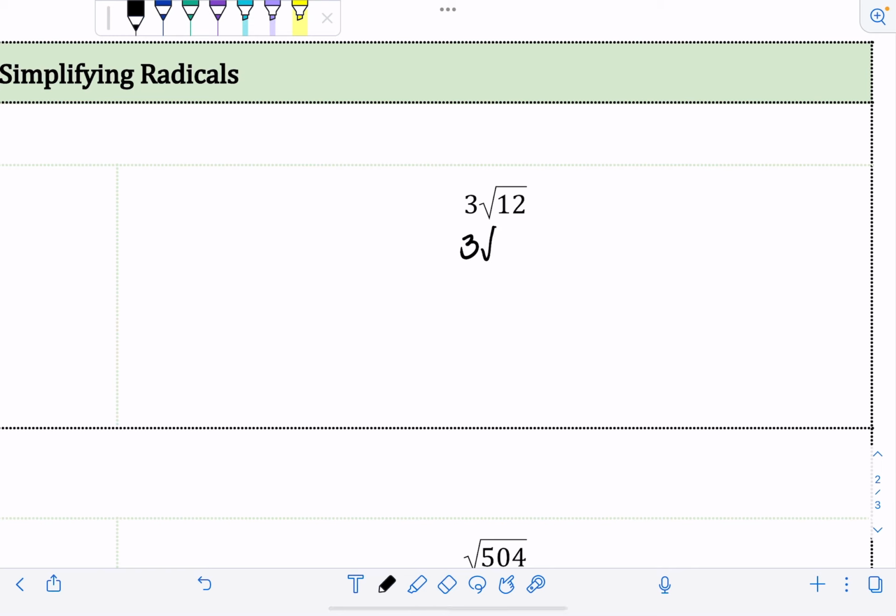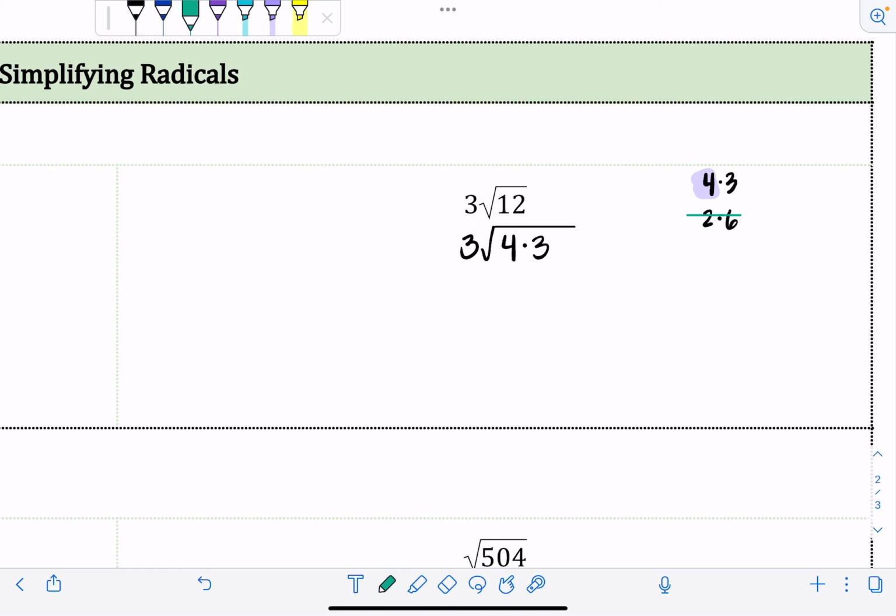So I have 3 times the square root of, I know I can break down 12 in different ways, like 4 times 3, or 2 times 6, but I'm focused on the perfect square factors, which 4 is the only perfect square factor of 12. So I'm going to break it down into 4 times 3, because 2 times 6 wouldn't do me any good.